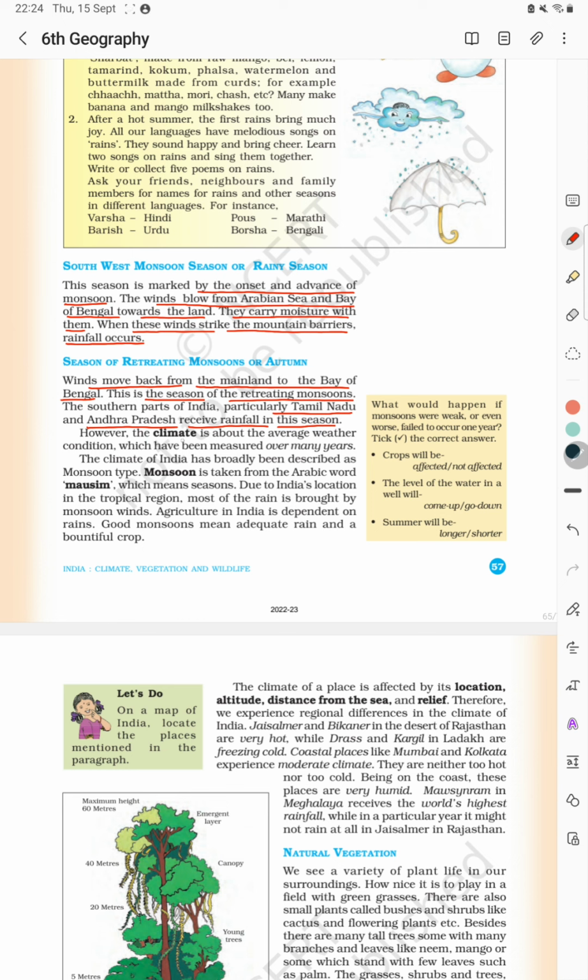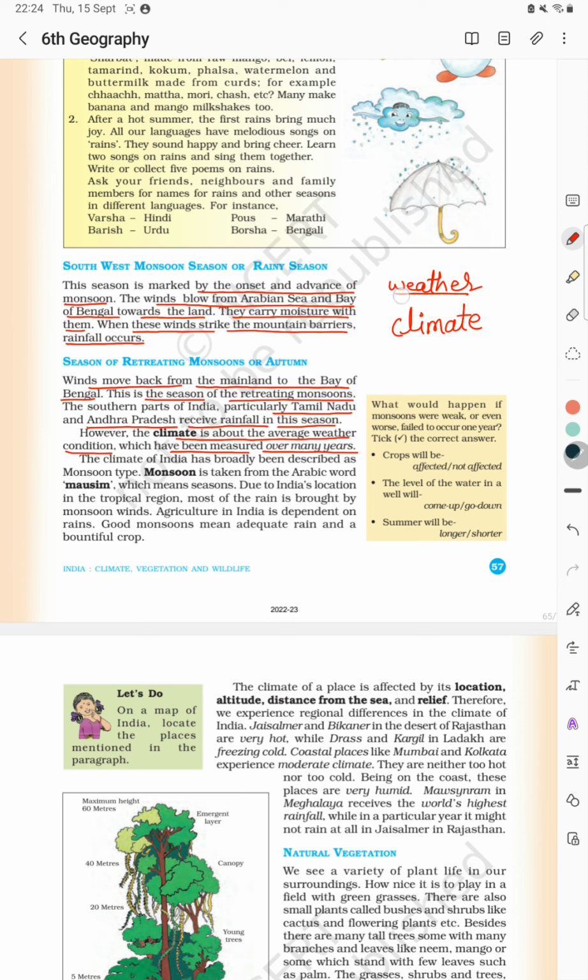However, climate is about average weather conditions which have been measured over many years. Now, here are two terms, weather and climate, and we need to differentiate between these two terms.